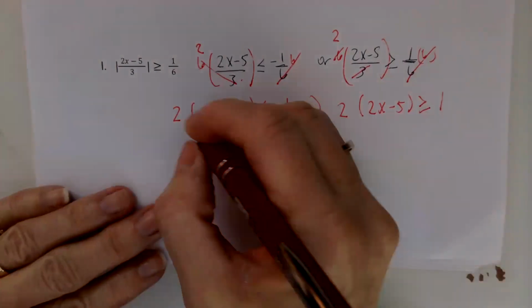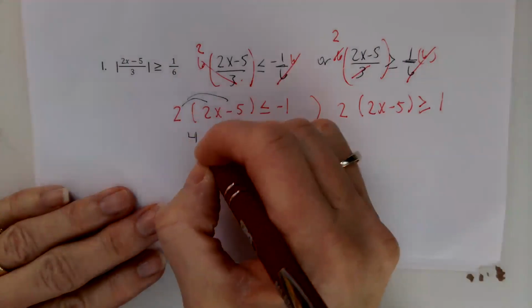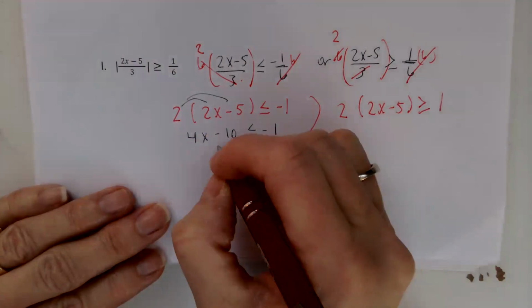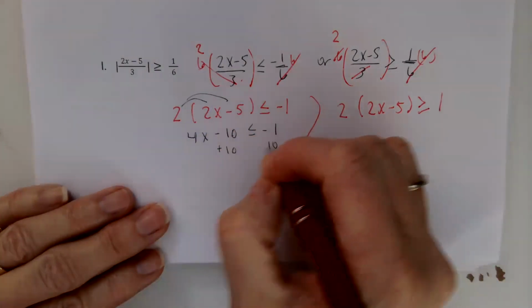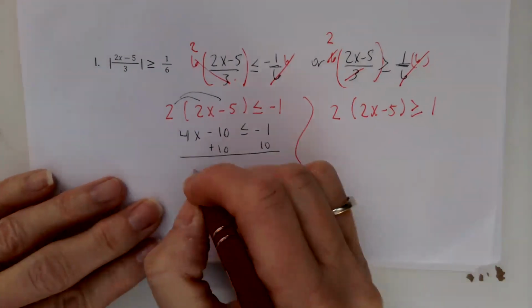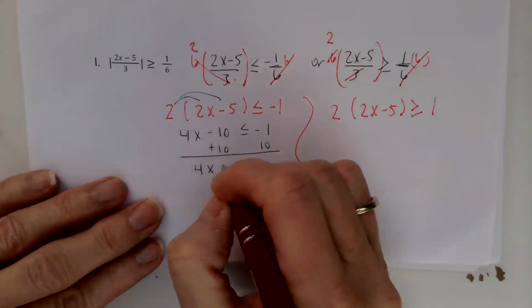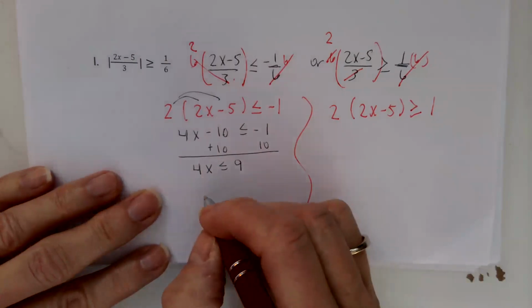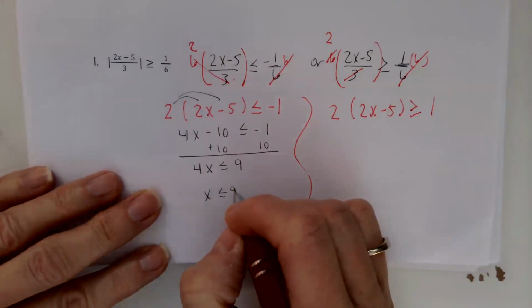So let's go ahead and distribute the 2. So we have 4x minus 10 is less than or equal to a negative 1. I'm going to add 10. So we have 4x is less than or equal to 9. And divide by 4, we get x is less than or equal to 9/4.